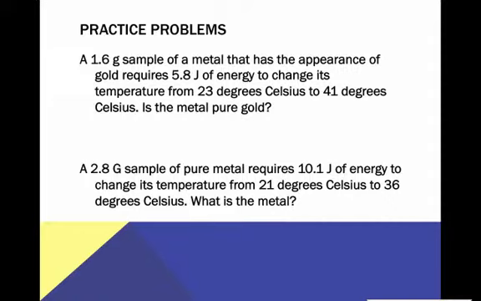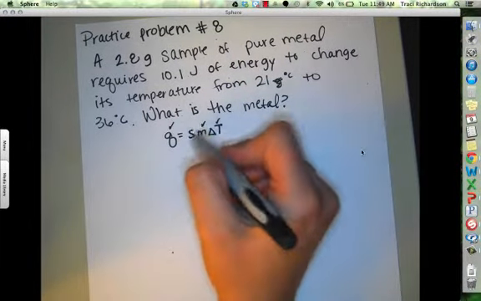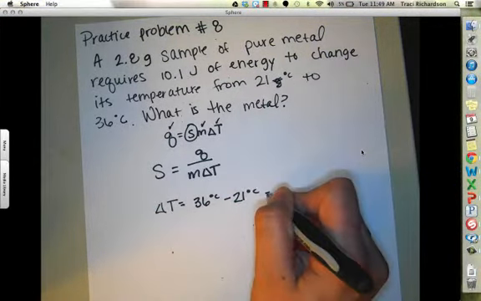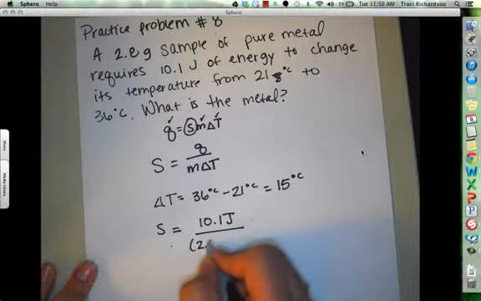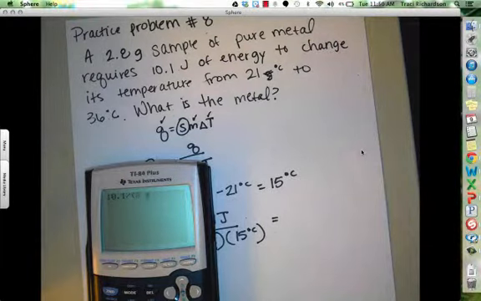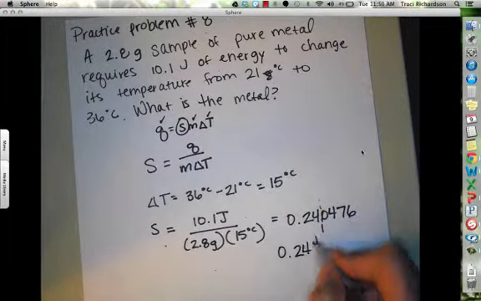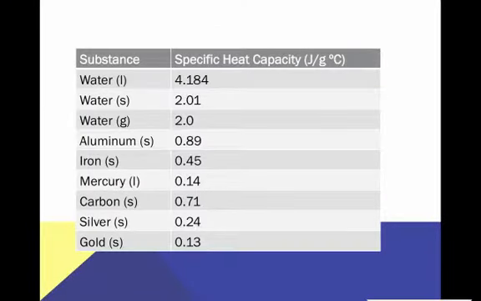Okay, so this problem is set up similar to the last one, and you can compare the specific heat from your calculation to the specific heats listed in this table. There's also a table in your book that you can take a look at when you're working on these problems.